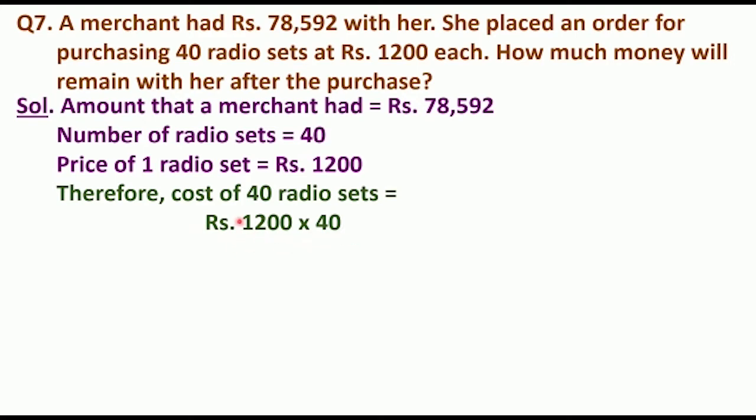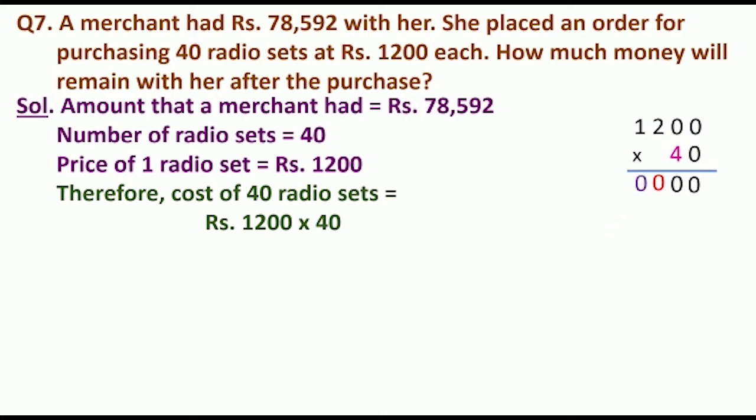Okay, so now let's see how to multiply it. This 0 will be multiplied by 1,200 first, then we will multiply this 4 by this 1,200. Okay, now 0 into 0 will be 0, 0 into 0 will be 0, now 2 into 0 will be 0, now 1 into 0 will again be 0.